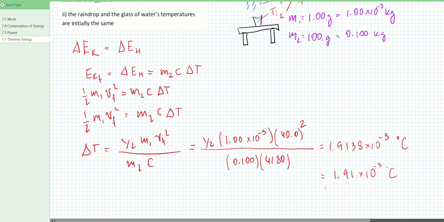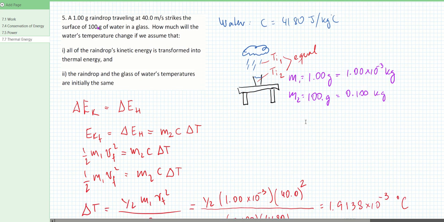Or if you want, you can write it out in decimal form, where we need to add 3 spaces in front: 0.00191 degrees Celsius. That would be the answer for question number 5.